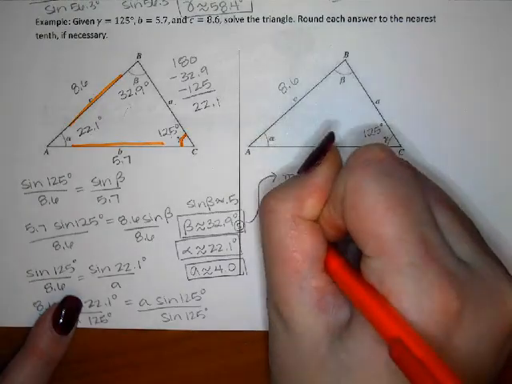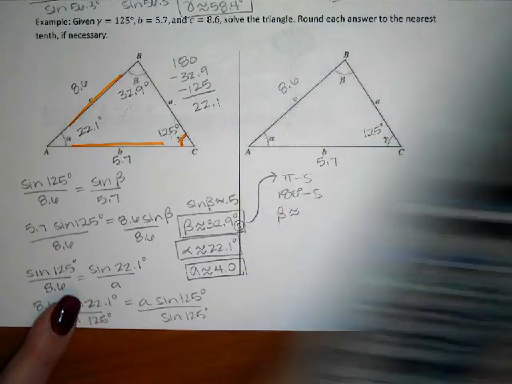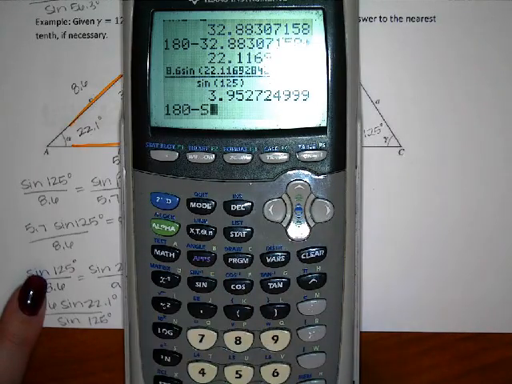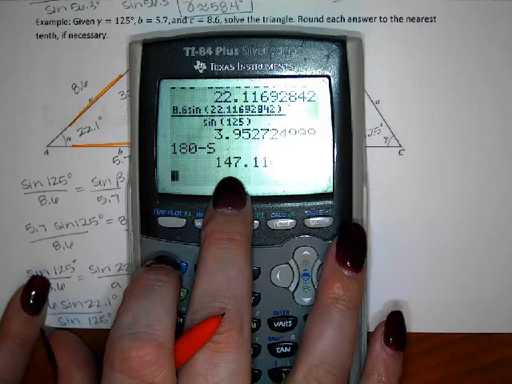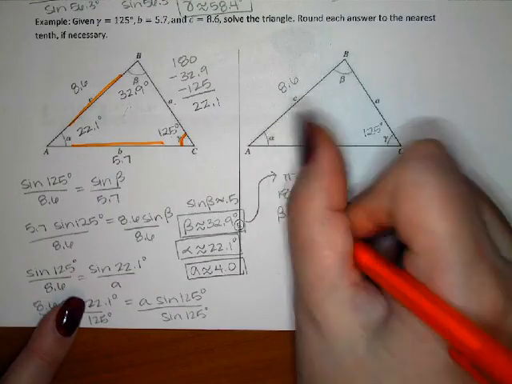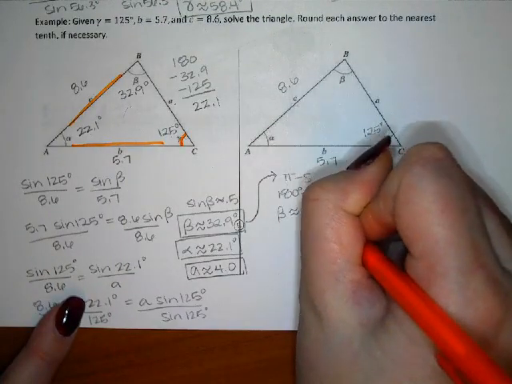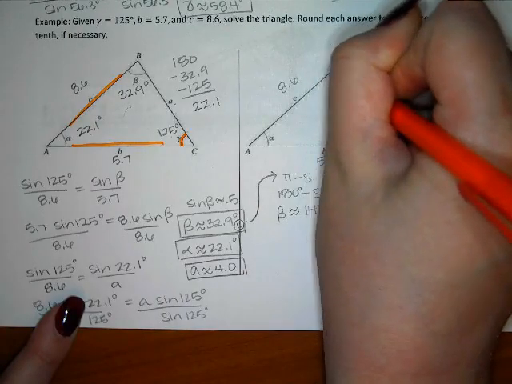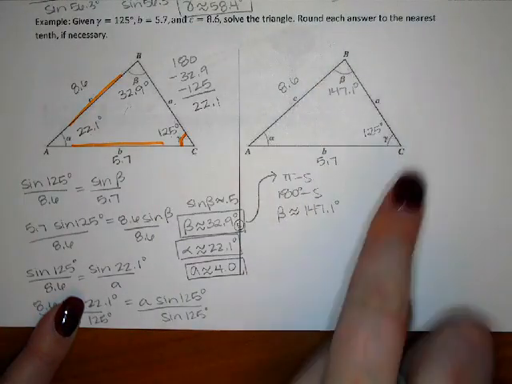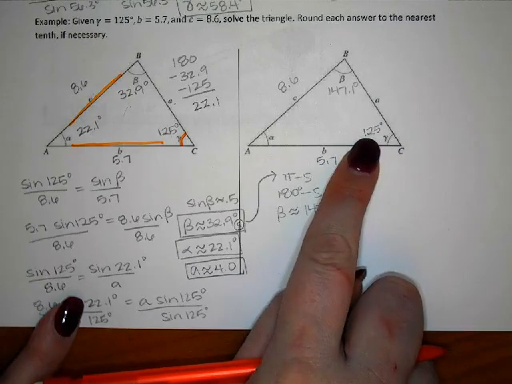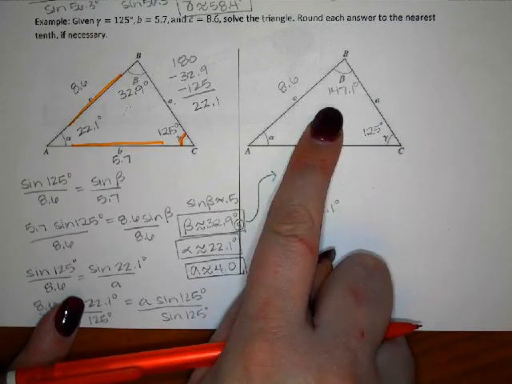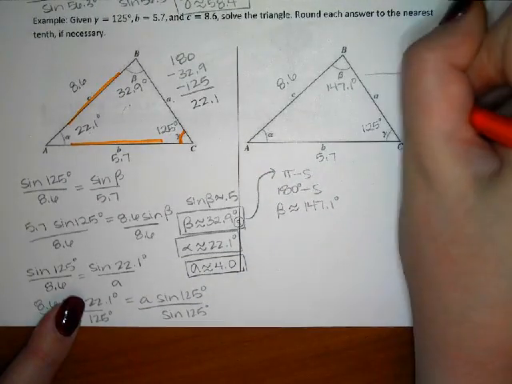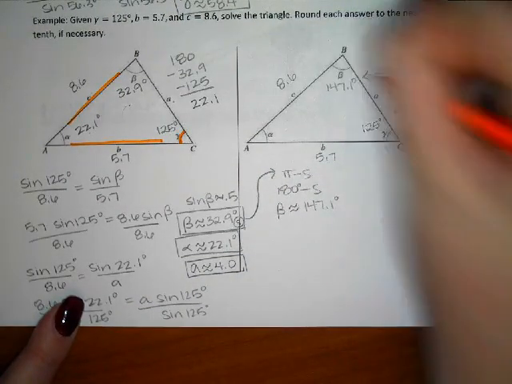And so angle beta is 147.1 degrees. So beta is 147.1 degrees. And when I look at this, if I already had a 125 degree angle, and now I include a 147 degree angle, I have information here that cannot possibly be a triangle. 147 and 125 is more than 180 degrees.